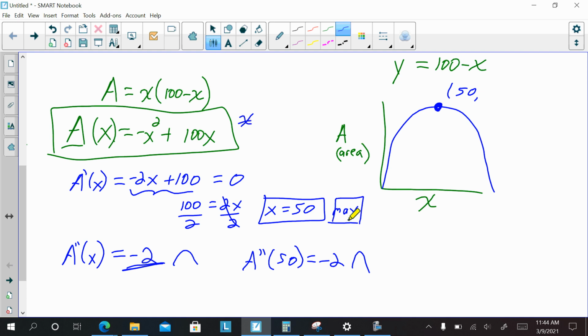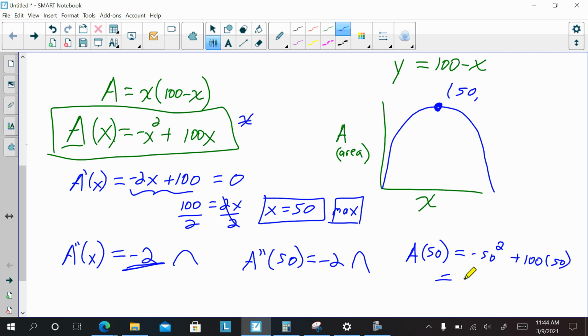To find the corresponding area that goes with x being 50, we could substitute 50 into our area function. So the area when x is 50 is minus 50 squared plus 100 times 50.